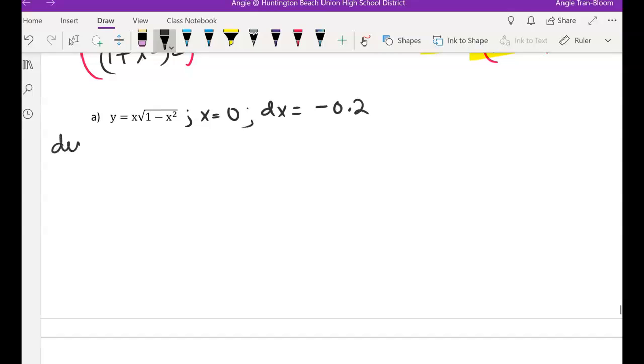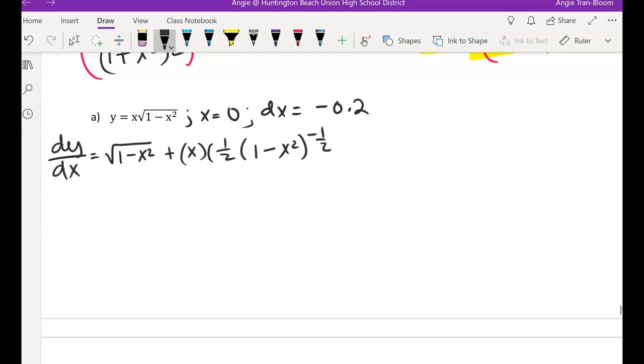Let's do dy over dx, which is the derivative. I'm going to use product rule and chain rule. U prime is going to be 1, so now I have 1 times the square root of 1 minus x squared plus x times the derivative of that radical, so it's going to be half times 1 minus x squared to the negative half power. The chain rule says I need to multiply by the inner derivative. Let's simplify that really quickly.